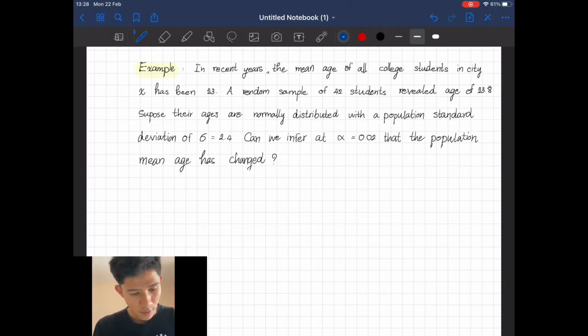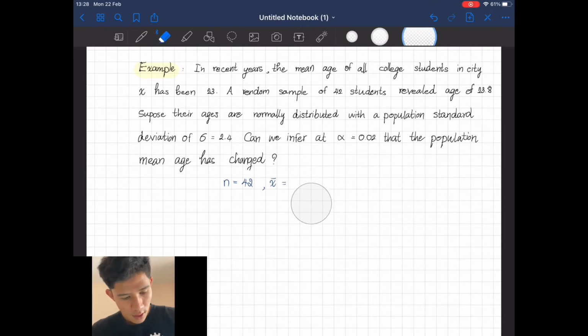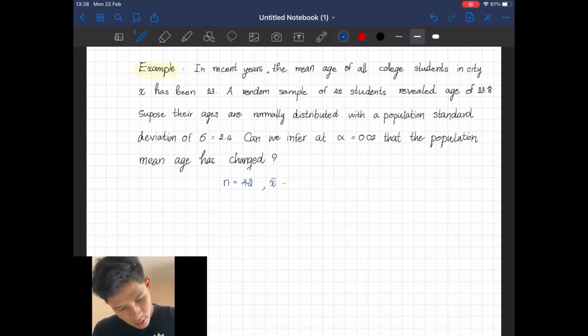From the example, n equal 42, x bar equal 23.8, sigma equal 2.4.